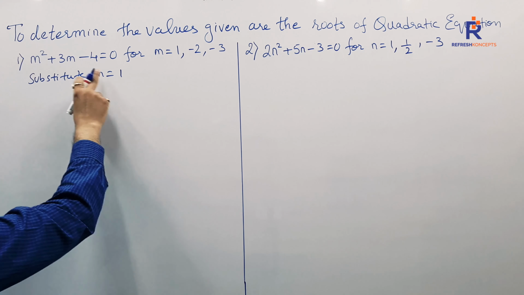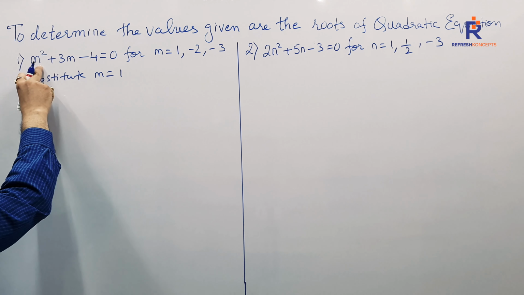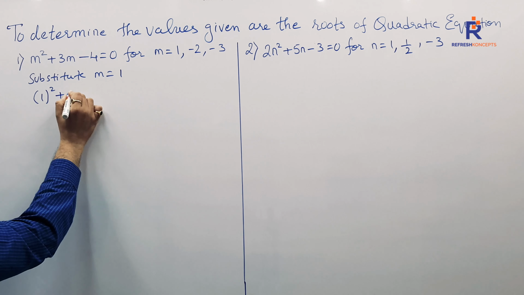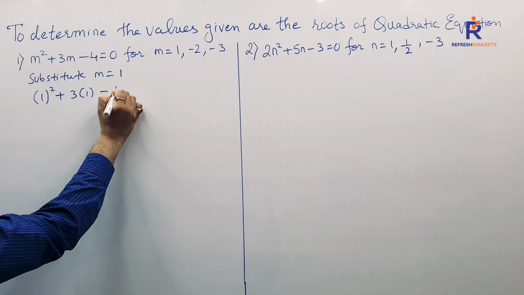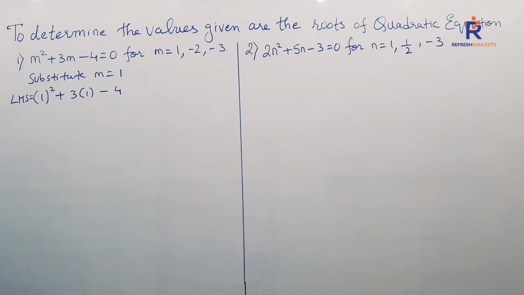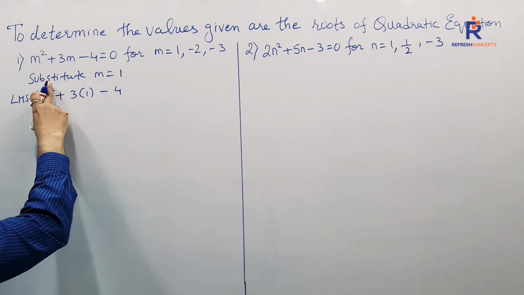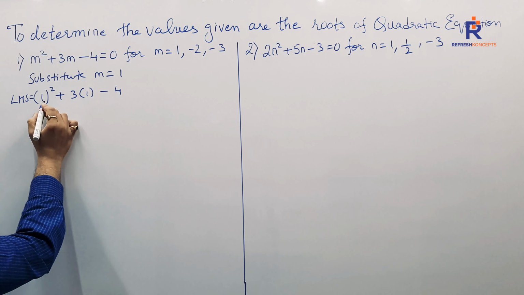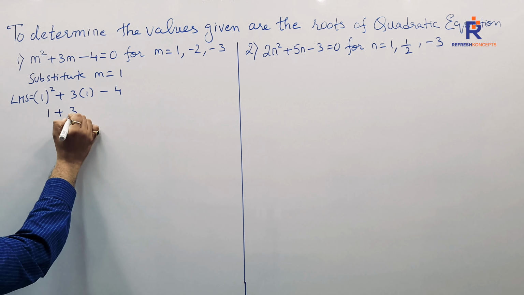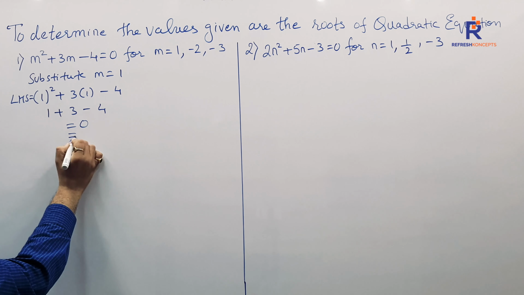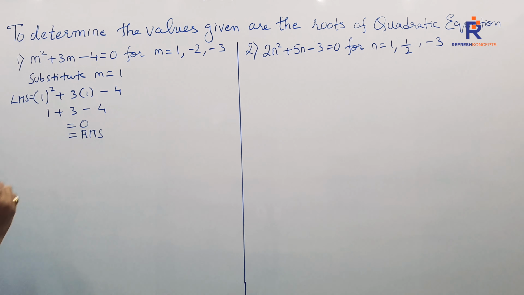That means we need to take LHS, solve it. The final answer, if happens to be RHS, then it is a root, or else it is not a root. Substitute m equals to 1 in the above quadratic equation. So the above quadratic equation will be 1 square plus 3 into 1 minus 4. Mind you, this is my LHS. LHS is 1 square plus 3 into 1 minus 4. 1 square is 1 plus 3 minus 4. 4 minus 4 is 0, which is my RHS.